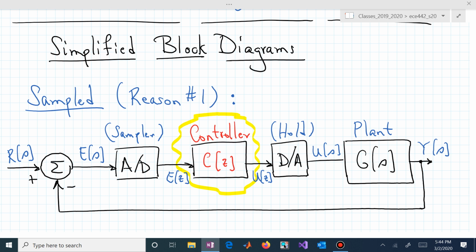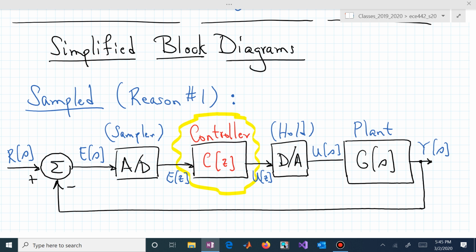We process those through our controller, and now the controller is just putting out a sequence of numbers, which doesn't make any sense to a DC motor. So now we have to somehow convert that discrete sequence of numbers, go from a digital to an analog signal.